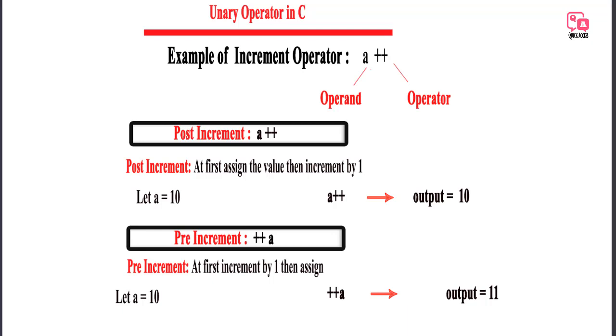The rule for pre-increment: plus plus A. So plus plus is the operator, it is a pre-increment, then the operand A. So what is the output? The output should be 11. Why 11? Because for the pre-increment operator, at first increment by 1. The value of A was 10, so 10 plus 1 means 11. So now you'll get 11 because first is increment, then assign.